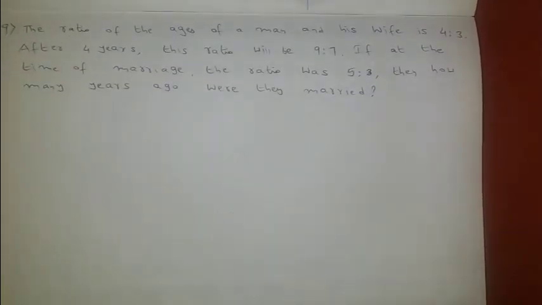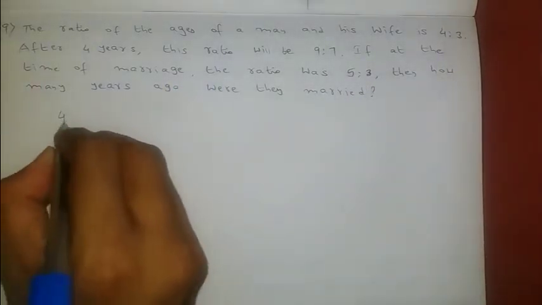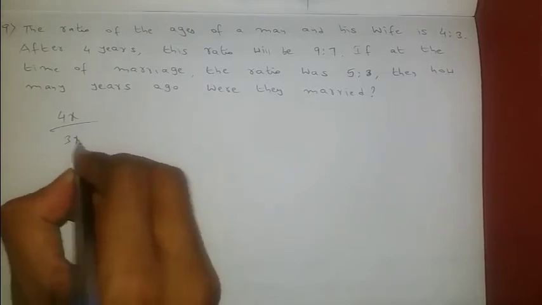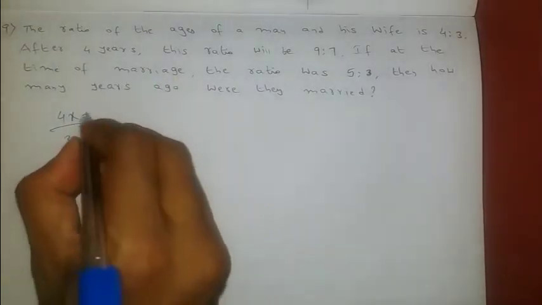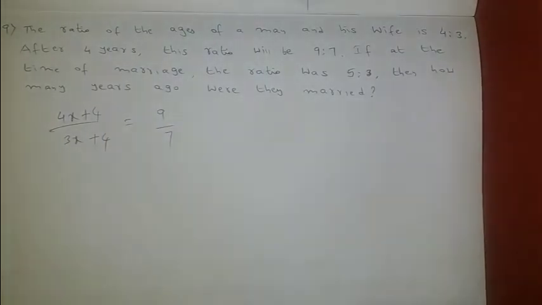The ratio of the ages of a man and his wife is 4:3. After 4 years, this ratio will be 9:7. So the ratio of the ages of a man and wife are given, that is 4x by 3x. After 4 years, plus 4, plus 4, the ratio will be 9:7.